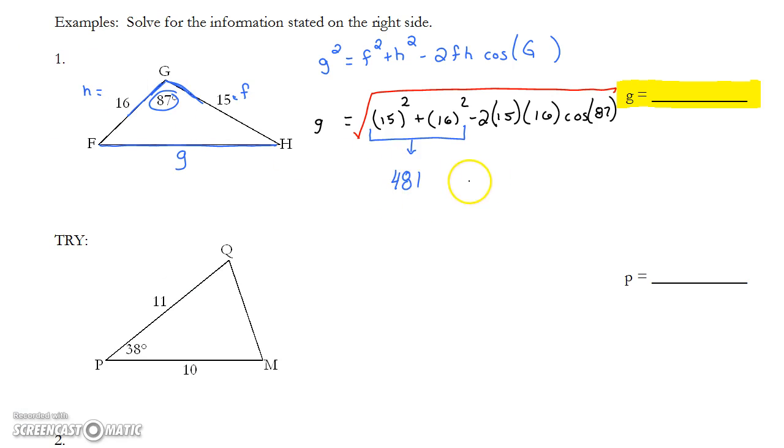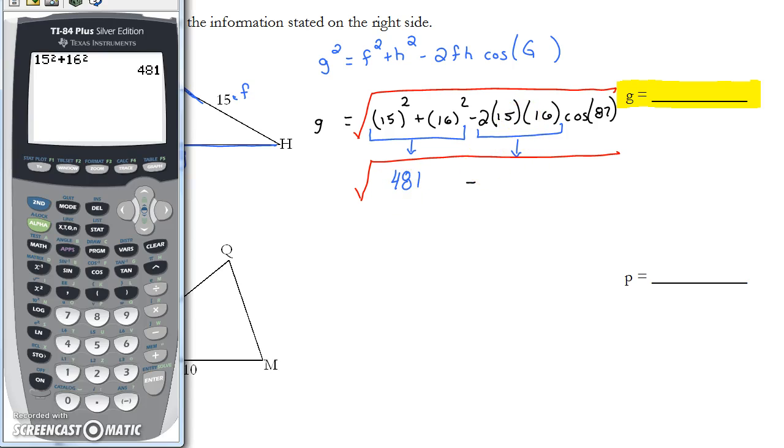Bring down my minus. Now I'm going to simplify the 2 times 15 times 16. All of this at the end of the day is still going to be under my square root. So step 1, simplify my squares. Step 2, simplify my other multiplication. 2 times 15 times 16 is going to give me 480.